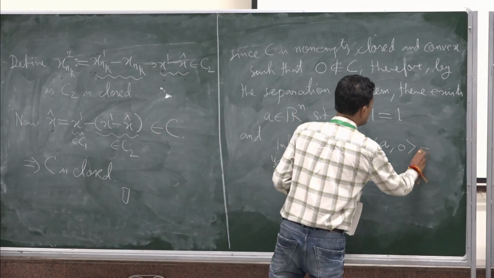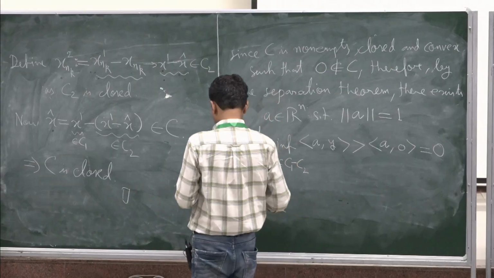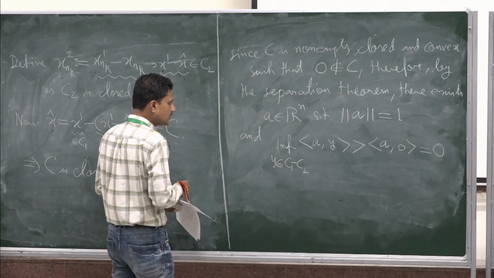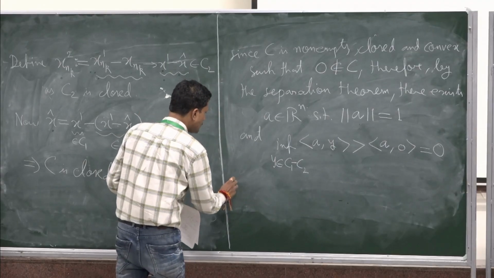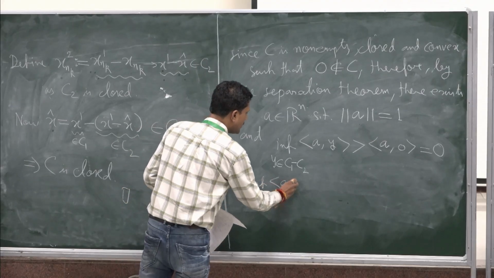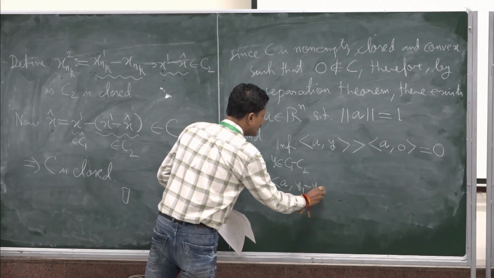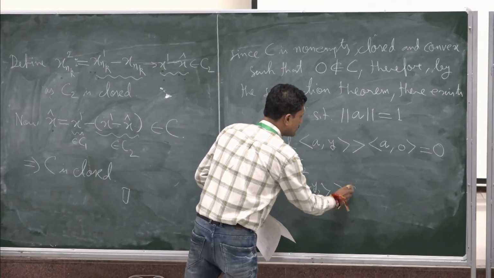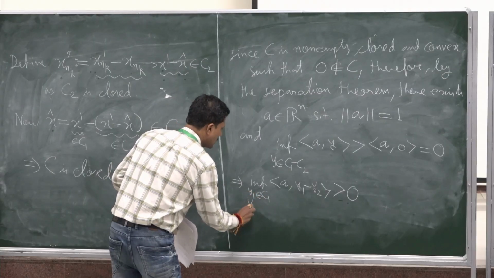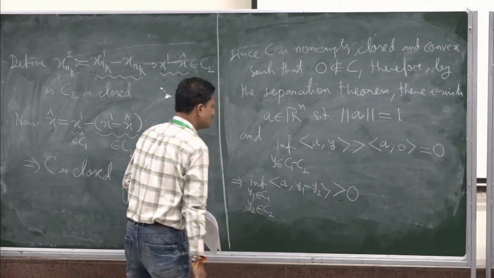This will be 0. So this y can be written in terms of y1 minus y2. So that implies that the infimum of A(y1 minus y2) is strictly greater than 0, where y1 belongs to C1 and y2 belongs to C2.